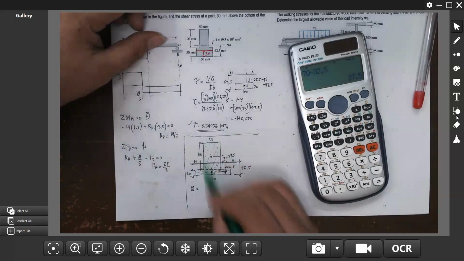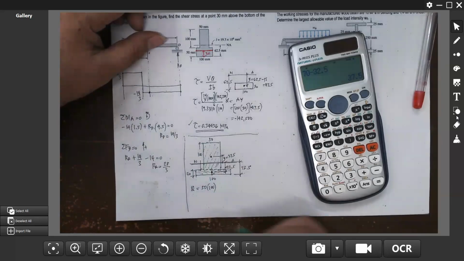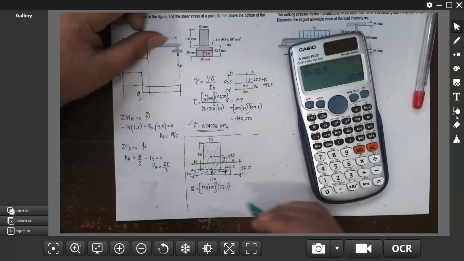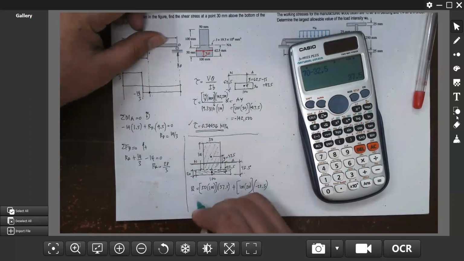Q, the area above, 50 times 100, the area, times its y, 37.5. Plus 100 times 20, but the y is negative 22.5.